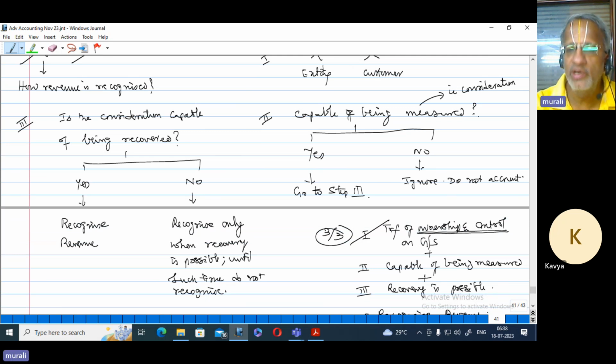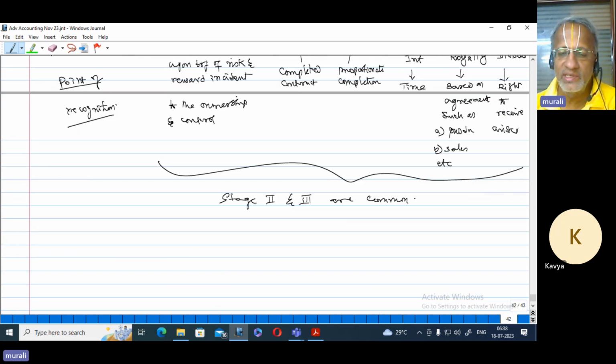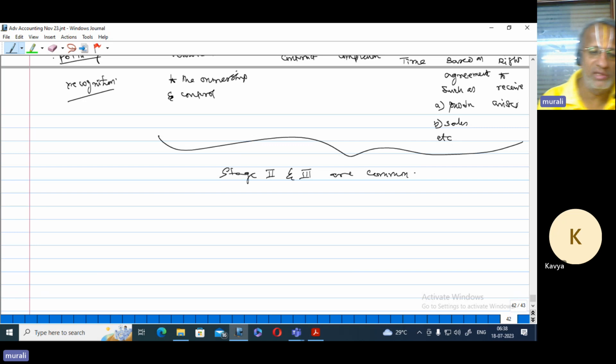It is recognized, it is measured, and the consideration is capable of being recovered, and revenue got recognized. See, after recognition, if there is a doubt in collection, so this is the last point.